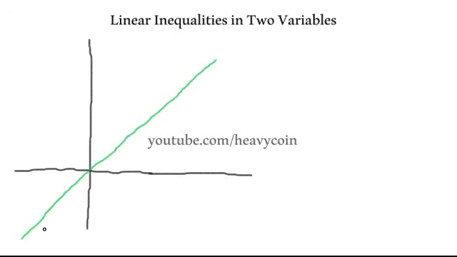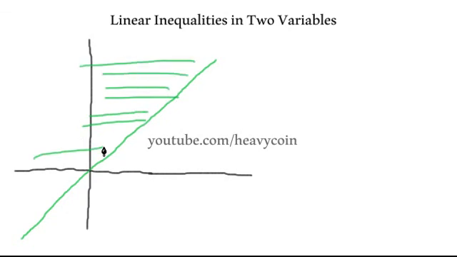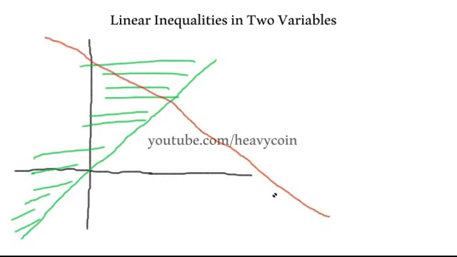So let's say that we happen to graph this guy, and let's say that everything was shaded to the left of it. Okay, and then we graphed another equation. Let's say it went down like this, and everything was shaded underneath it.